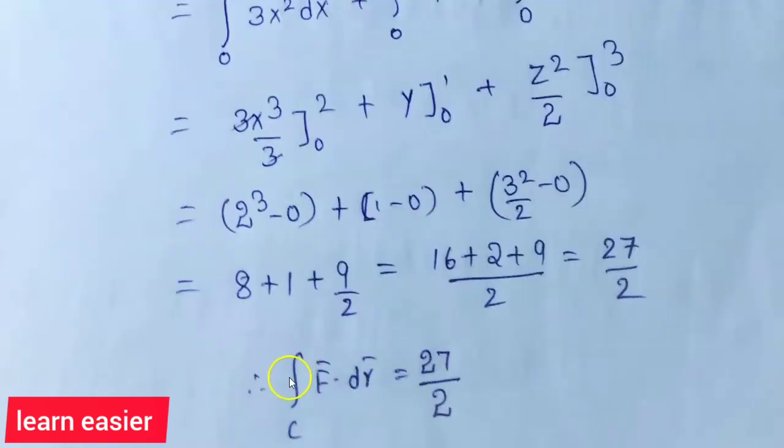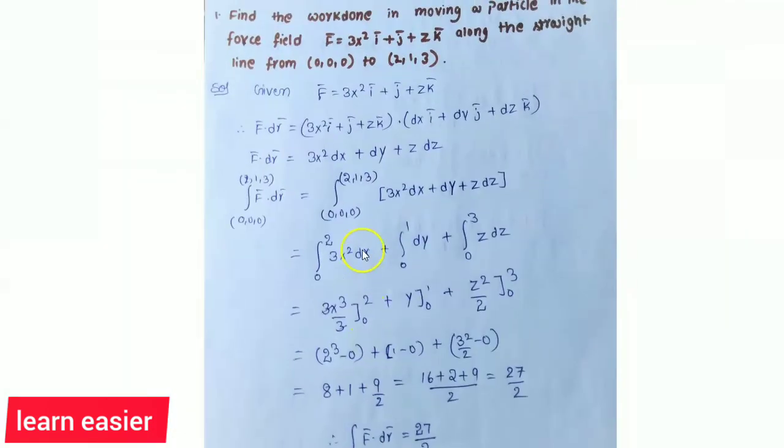We got the work done in moving a particle in the force field F bar as 27 by 2. So what we have done is take F bar dot dr bar, integrate it, and we got 27 by 2.